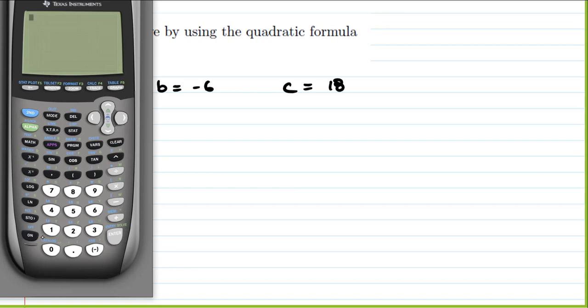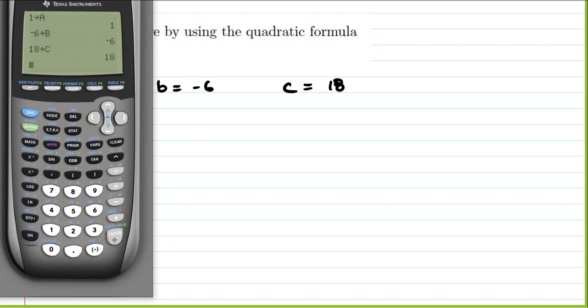So we can go 1 on our calculator, and if you press the button just to the up left of 1 on your calculator, it says STO. And it'll make a little arrow, and then if you press alpha and the key just below it, you can save A as 1 in your calculator. And we can do the same thing, negative 6 alpha B, oops, forgot my store button, alpha B. And then I can go 18 store alpha C.